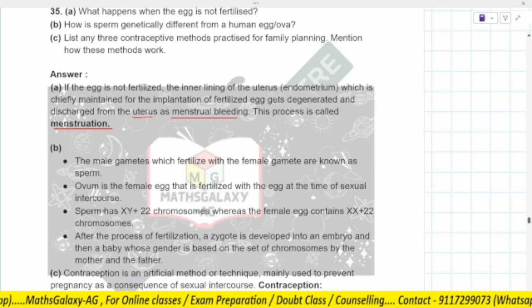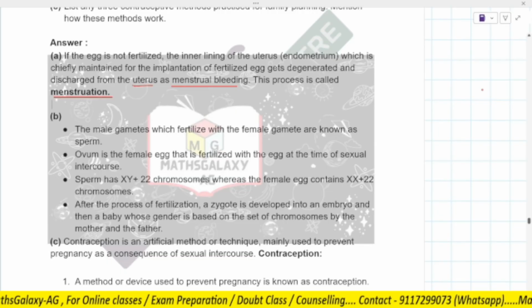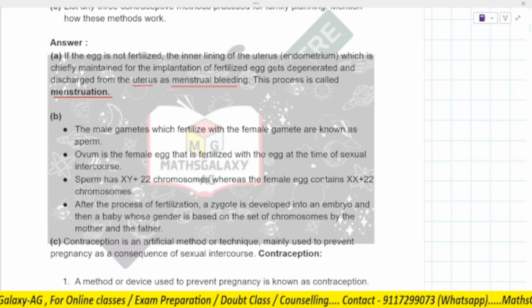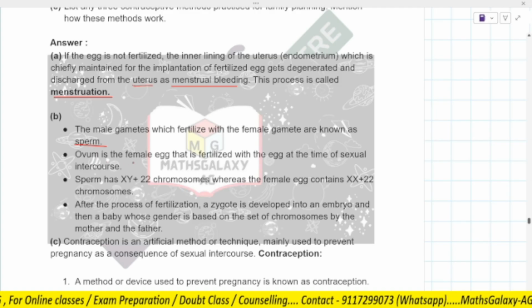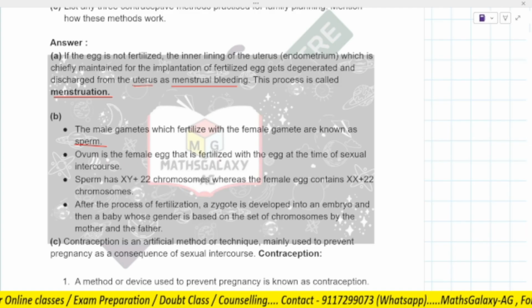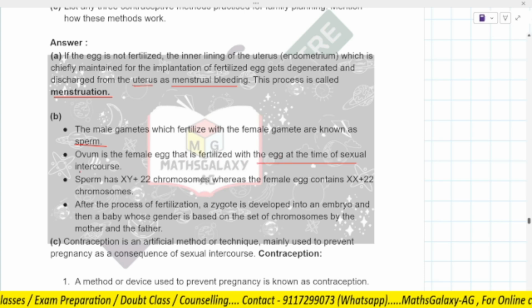Yes. So let's see here, the male gamete which fertilizes the female gamete is known as sperm. Ovum is the female egg that is fertilized at the time of sexual intercourse.